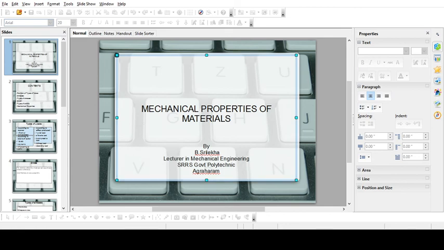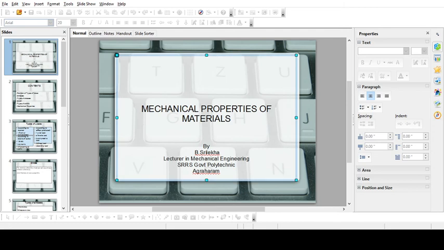Hence we make use of hardened tools for lathe operations. So hardness is a factor that has to be considered for continuous operations which will undergo wearing of the material. It is the ability of the material to resist abrasion, scratching and indentation.